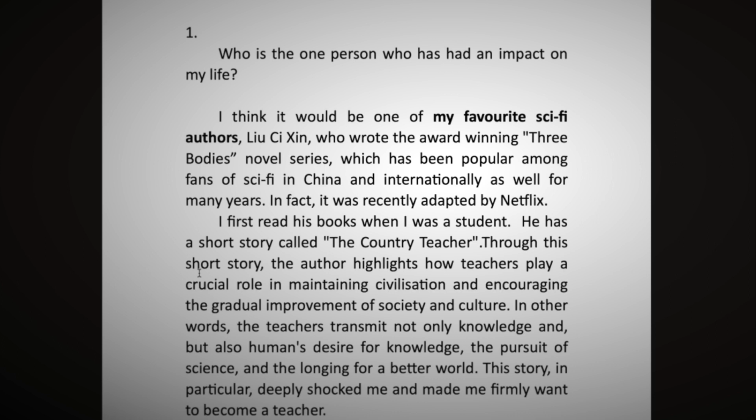Yes. So if you're going to be talking about a family member, you could say something like, when I think about this topic of a person who influenced me, the person that comes to mind is, right? Yes.